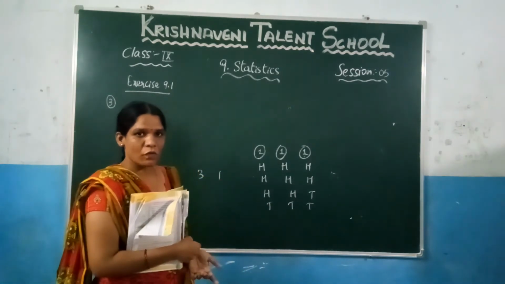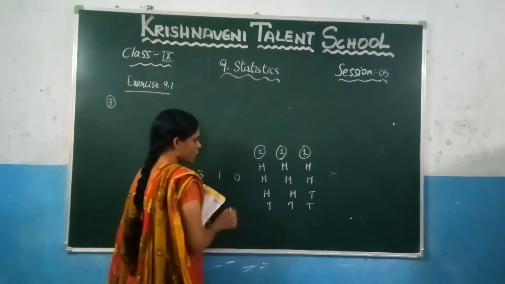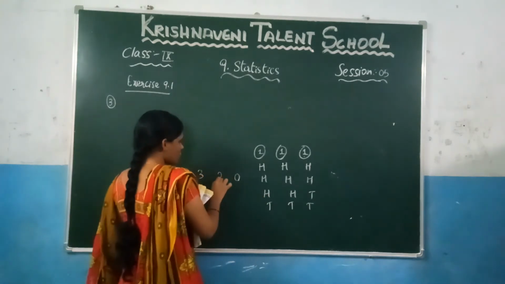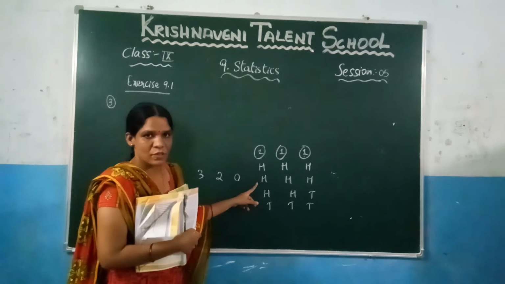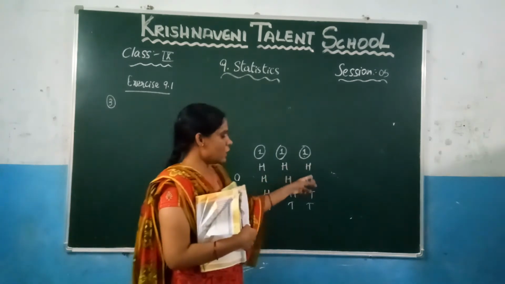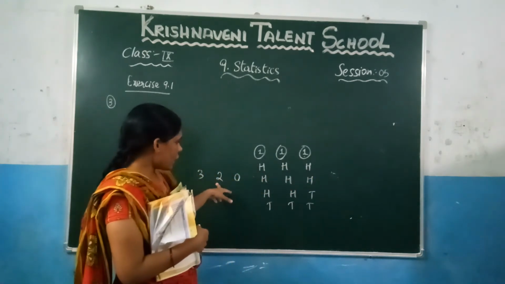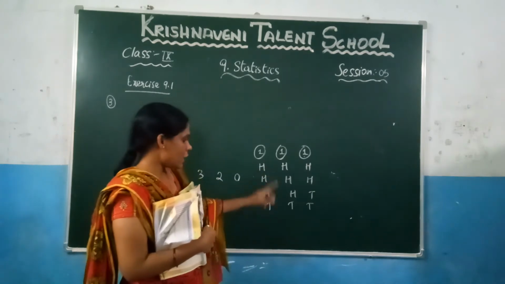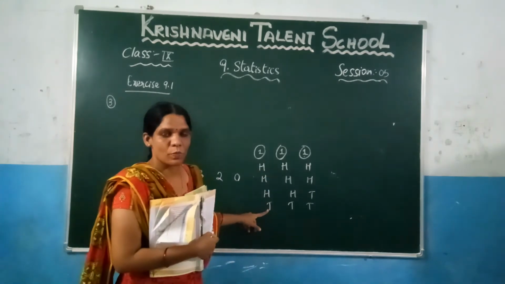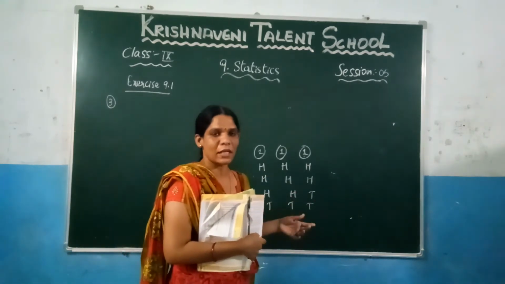So what is the number of heads here? It is 0, right? Here the number of heads is 2, here it is 3, because three times you are getting heads, and in this case it is 2, and in this case it is 0, because you are getting all tails.